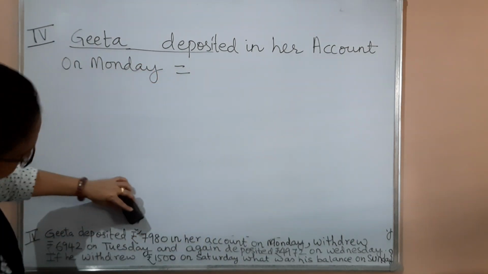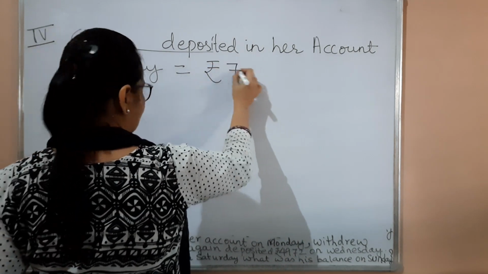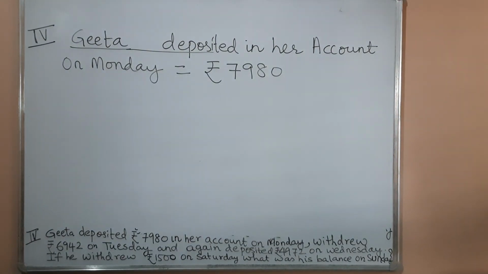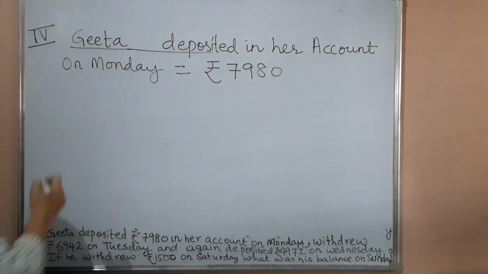How many rupees has she deposited? She deposited rupees 7,980. Alright. Then she withdrew. So Geeta deposited in her account on Monday this much.